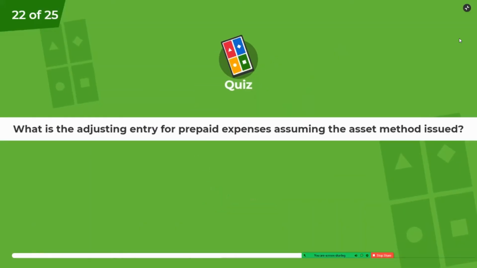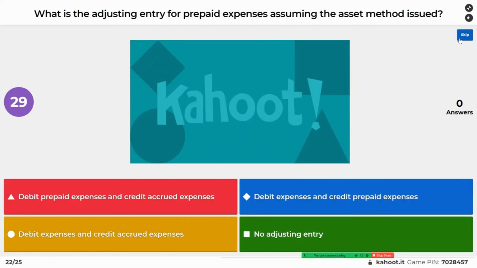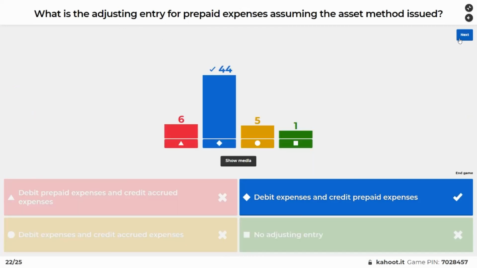What is the adjusting entry for prepaid expenses assuming the asset method is used? Okay, so it's a debit to expense and credit to prepaid expense.